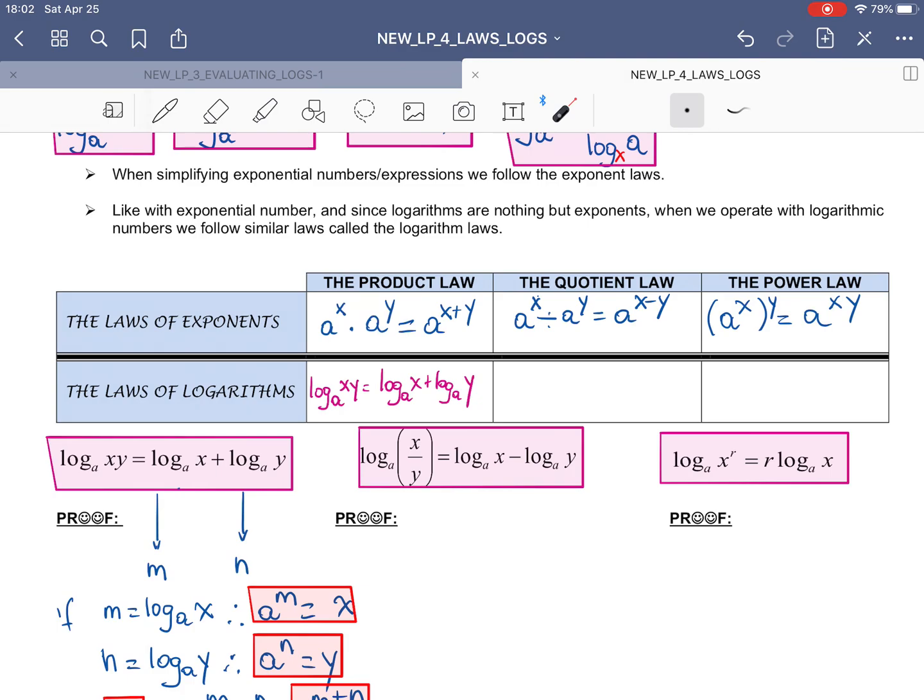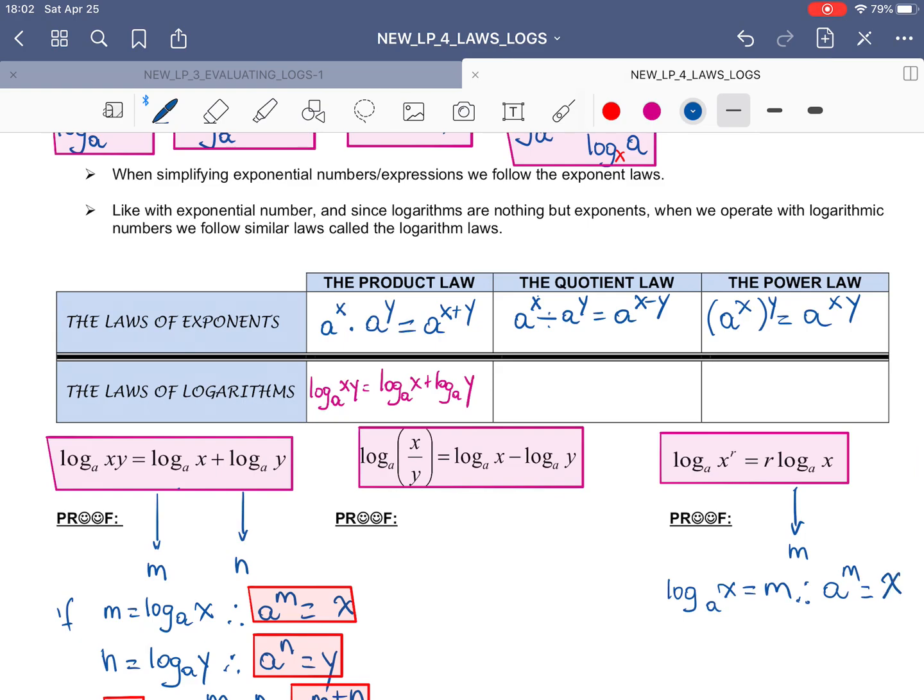So in this case, what we are going to do is let log with base a of x, this term right here, equal some number m. Okay, so log with base a of x equals m. What that means is that a to the power of m would equal x.